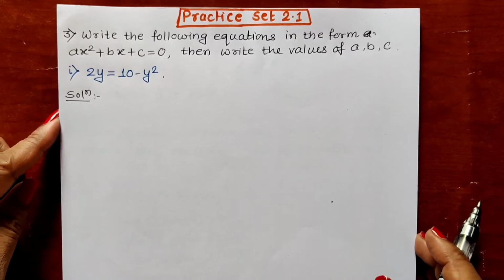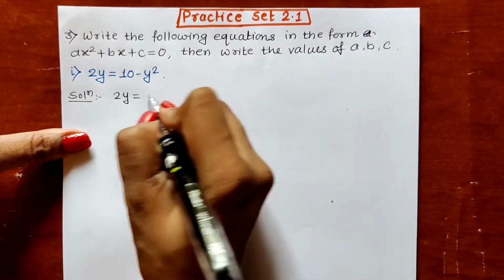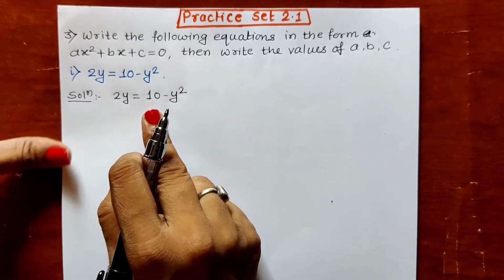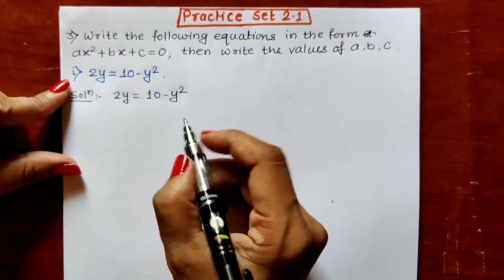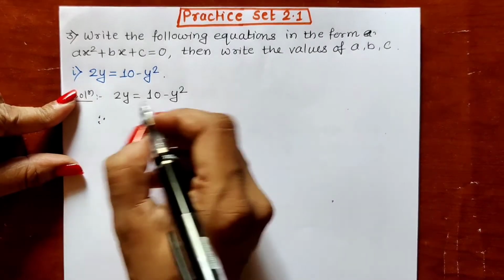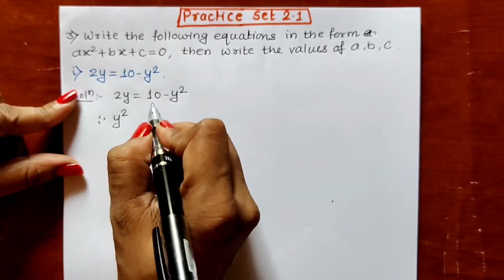First we have to write the given equation as it is in the solution. 2y is equal to 10 minus y square. So the square term and constant terms are on the right hand side. We will have to bring them on the left hand side and then compare. Therefore minus y square will become plus y square.